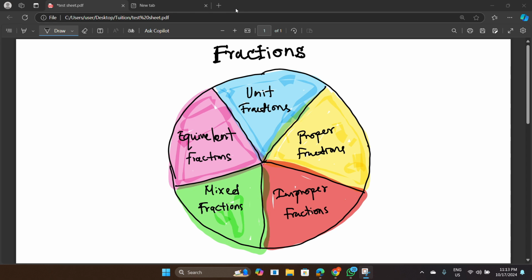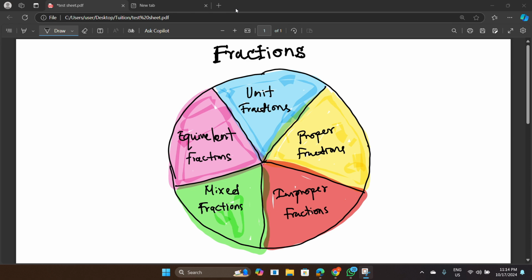In this video, I'm going to talk about what fractions are and what the different types of fractions are. First of all, we have to know why we need these fractions, right? We already know about whole numbers or integers like 1, 2, 3 and so on.